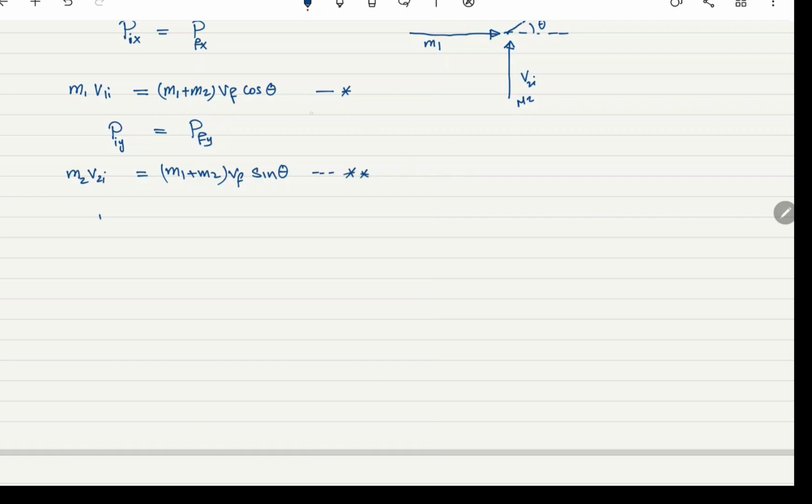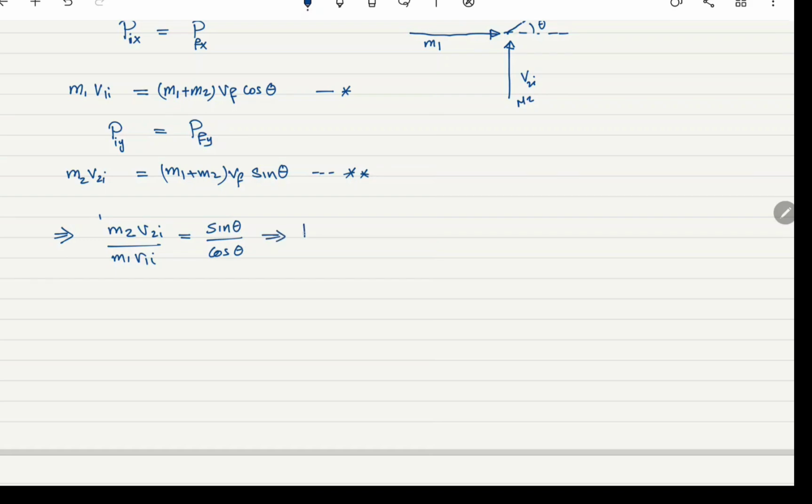Divide both equations. You will get m2 v2 initial over m1 v1 initial equal to sine theta over cosine theta, since the masses cancel out and v final cancels out.